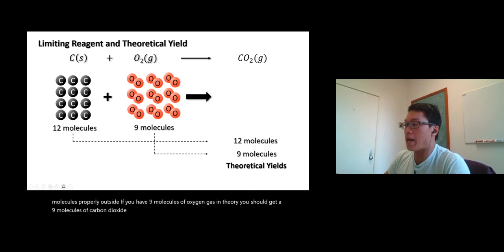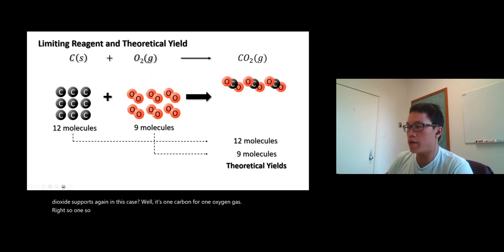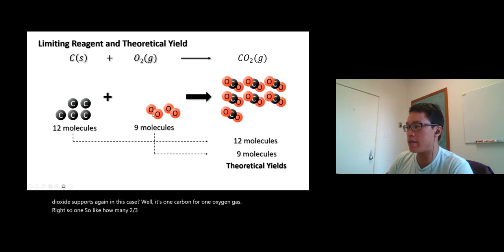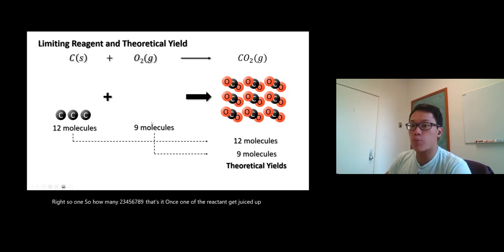But how many molecules of carbon dioxide am I supposed to get in this case? Well, it's one carbon per one oxygen gas, so that's 1, 2, 3, 4, 5, 6, 7, 8, 9. That's it. Once one of the reactants gets used up, the reaction just stops right there.